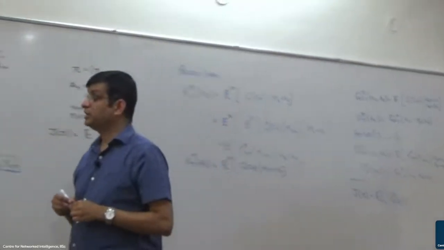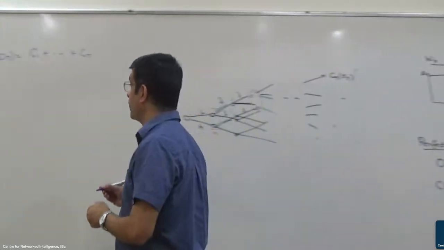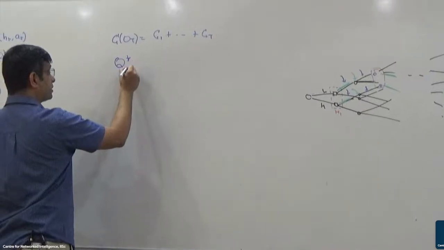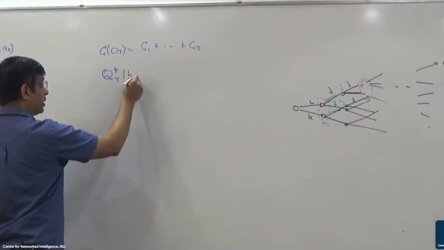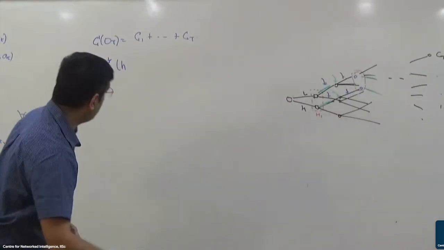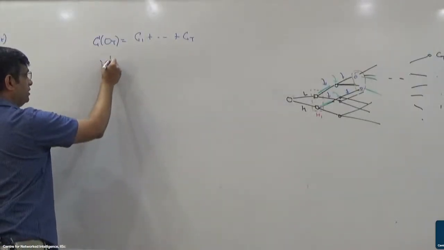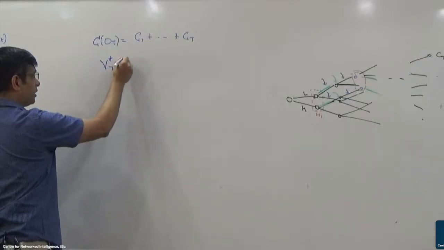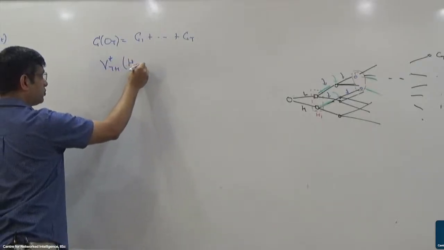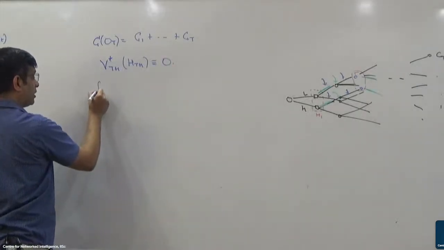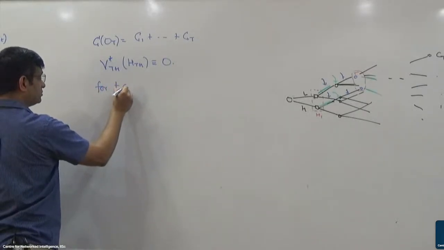So, in this case, I can write the following recursion. Let me do what we did last time. Let me define v star t plus 1 of the history at t plus 1 to be identically equal to 0, and then I can just write everything once.